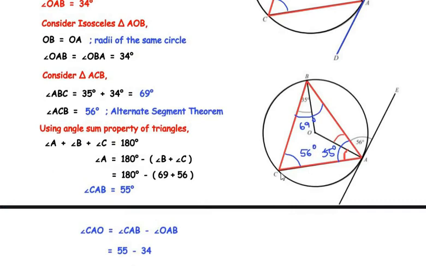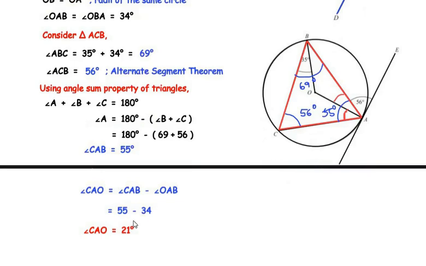So here we have written angle CAO is equal to angle CAB, that is this total angle, minus angle OAB. So here we have written the total angle is 55 minus this small angle is 34. So 55 minus 34 gives us the value of angle CAO as 21 degrees. So this is our answer.